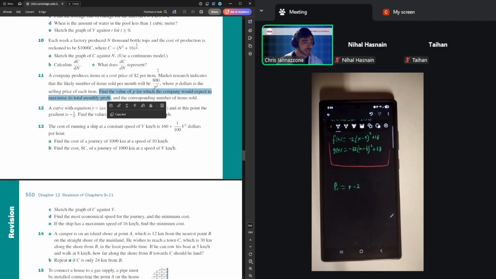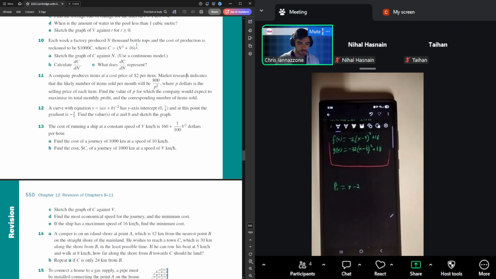As far as what we're heading towards, we're trying to maximize total monthly profit. As of now, we've got the profit per unit. If we wanted to convert this into a profit per month, there's some other information in the question that can help us do that.